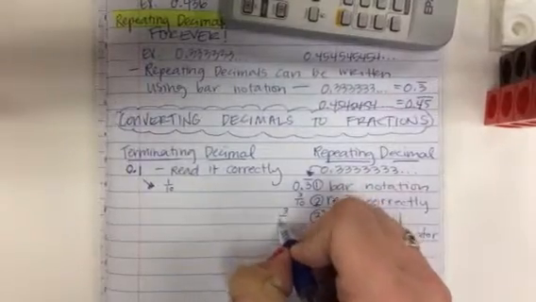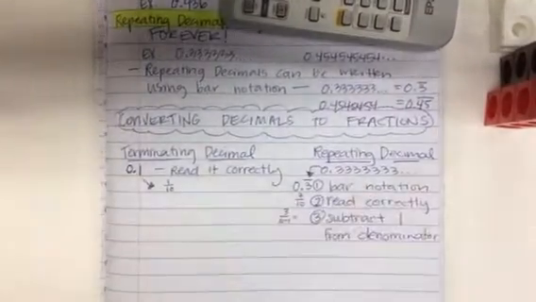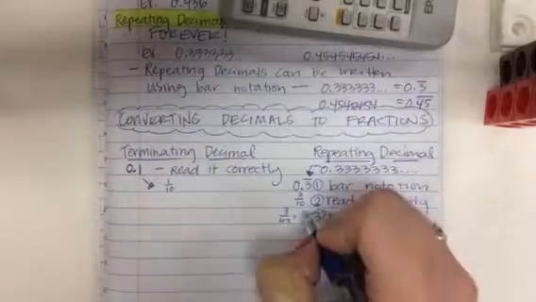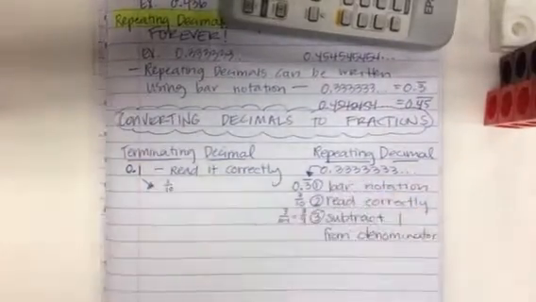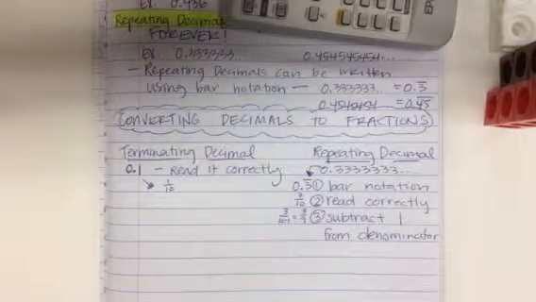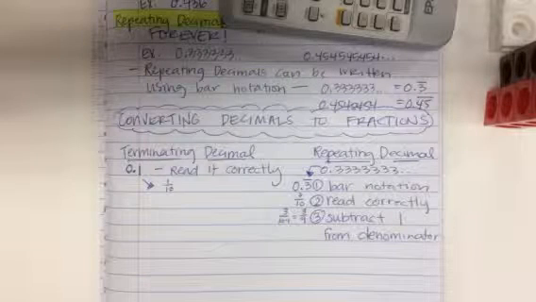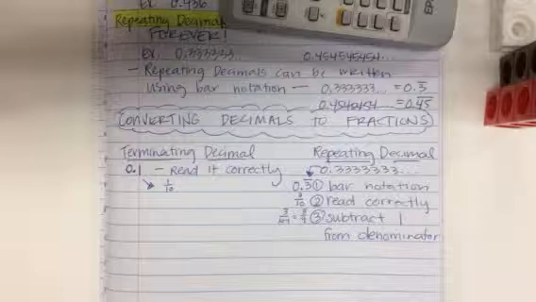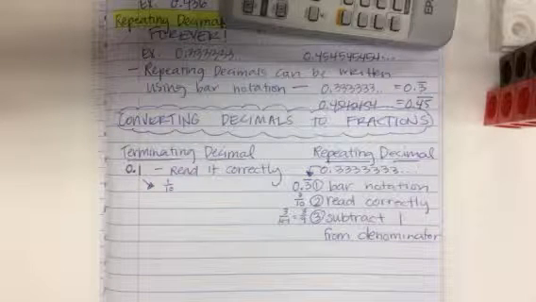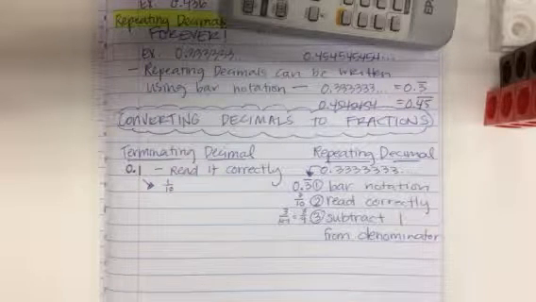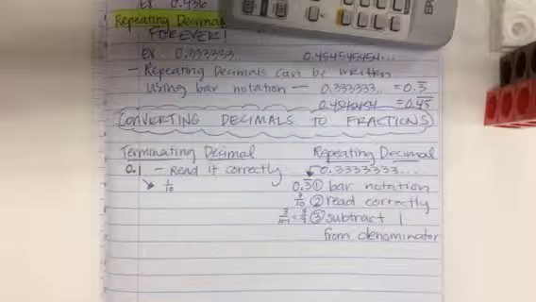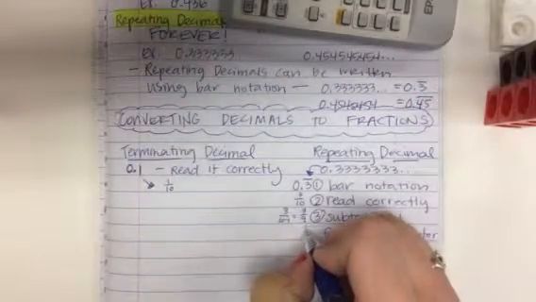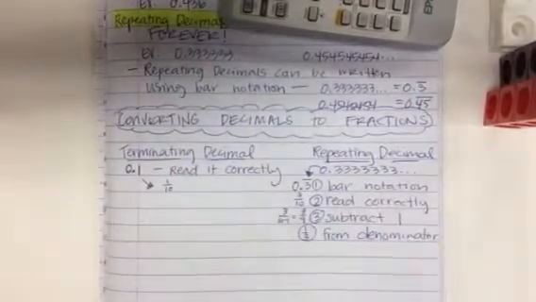So instead of 3/10, what is it? 3/9. And some of you are going to say, well, 3/9 simplifies. You're right. What does 3/9 simplify to? Alexis? 1/3. There you go.